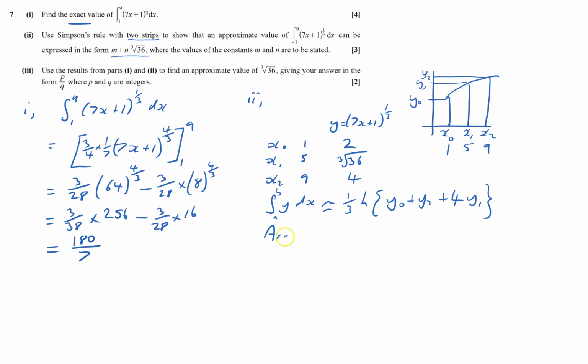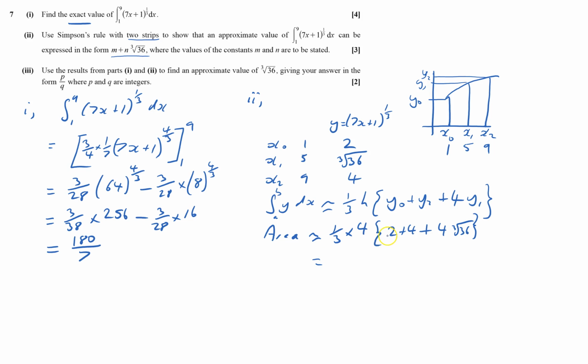So the area approximately equals 1/3 times by the height, or the gap between them, which is 4, times by the first and the last, so 2 plus 4, plus 4 lots of the cube root of 36.